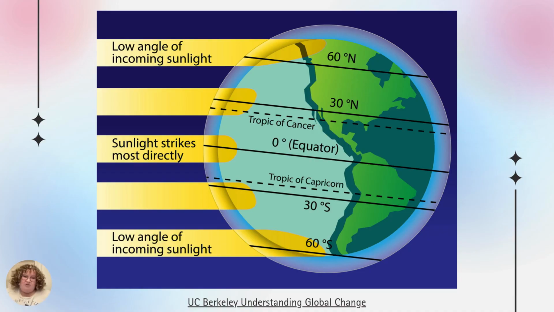One of my favorite ways to describe this is if you imagine having a flashlight and you are holding a basketball, right? Any ball, but I'm going to say basketball here. If you have the light pointed directly at the middle of the basketball, it's going to make a nice circle of light, right?